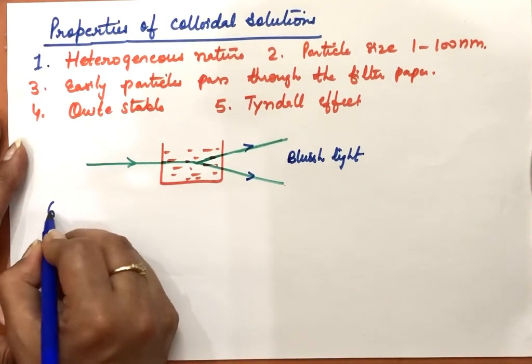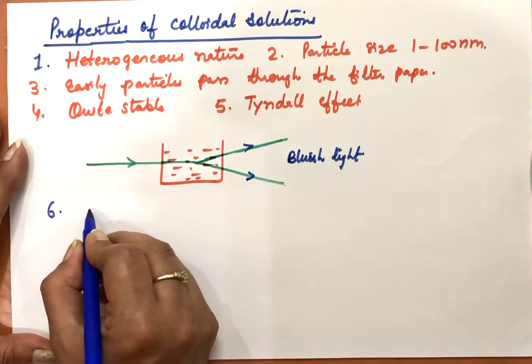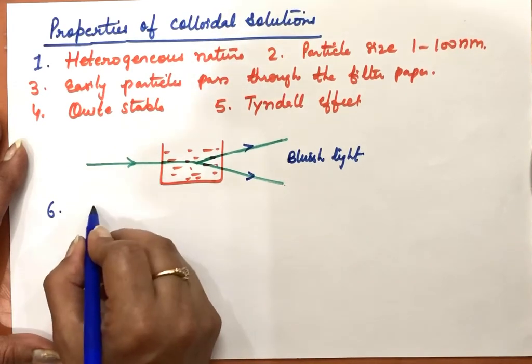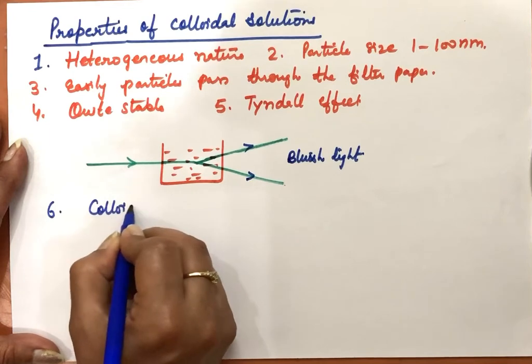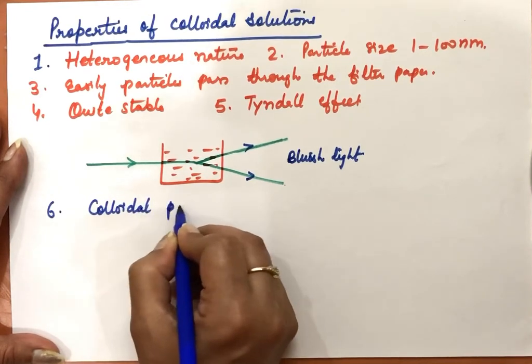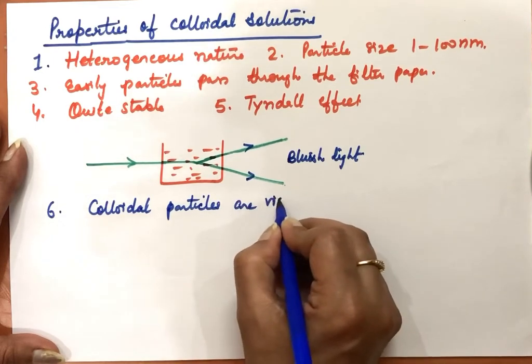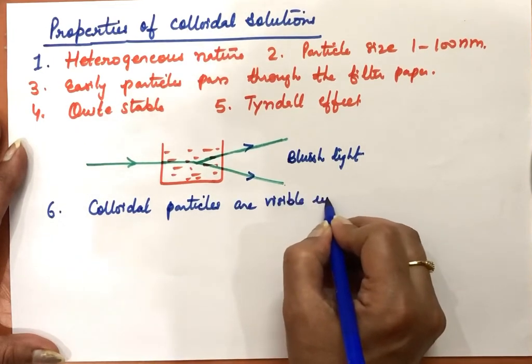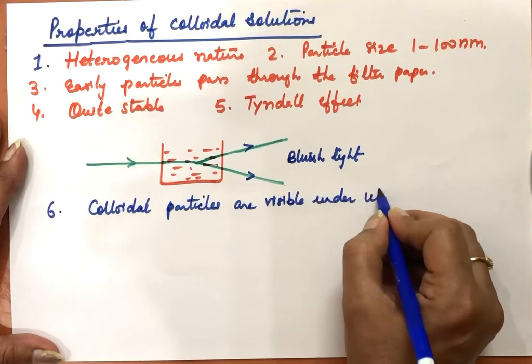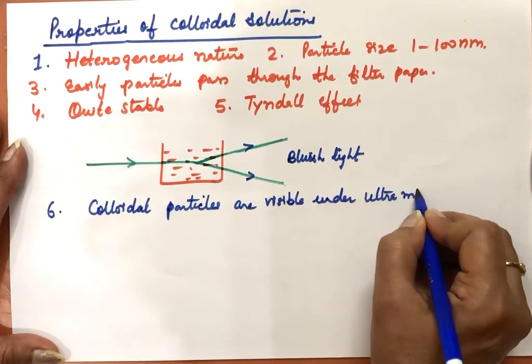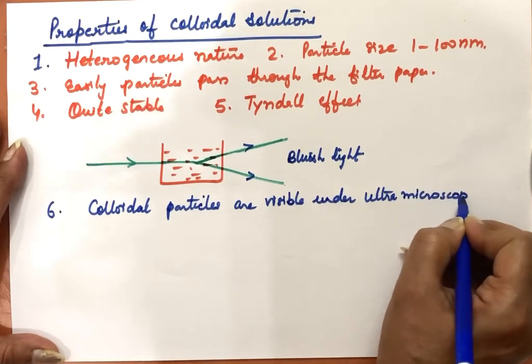Next property here is that colloidal particles are visible under an ultra microscope only. The particles are small here, so they are not visible to the naked eye, not even under a simple microscope. To see these particles, we need an ultra microscope. Then only these particles are visible.